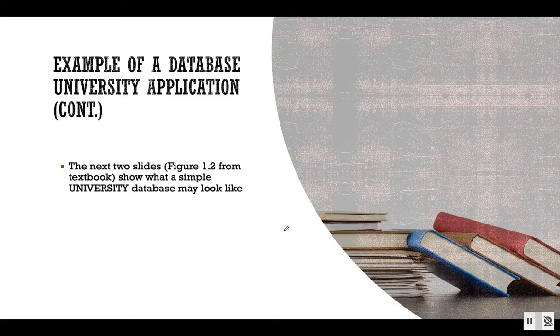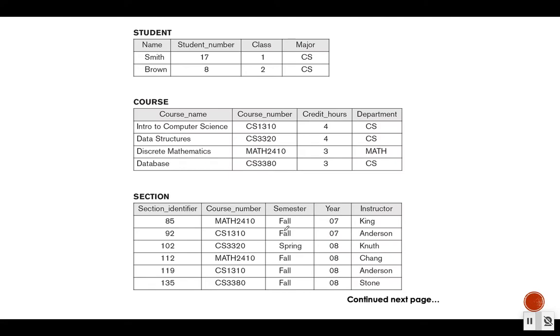We are going to see an example of how a database looks. In this university database we are going to store a list of students. A student can be thought of as an object or entity.